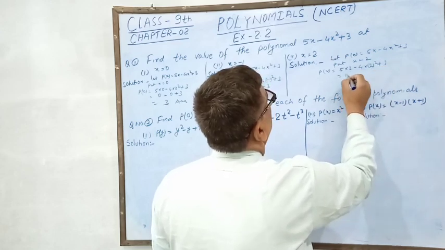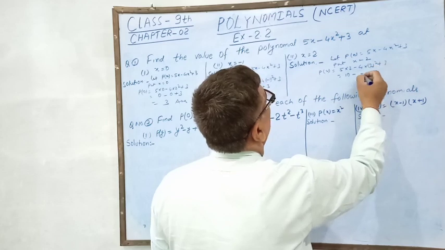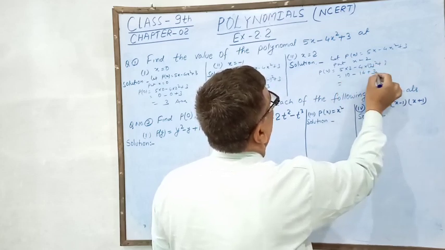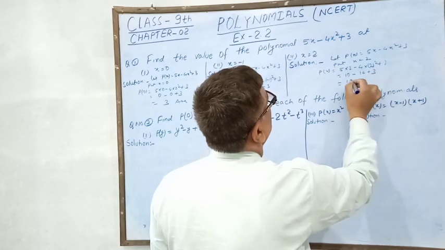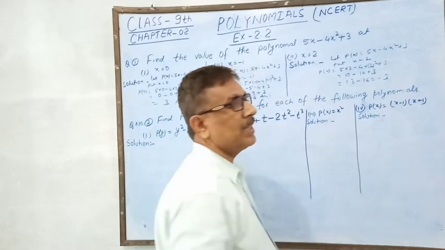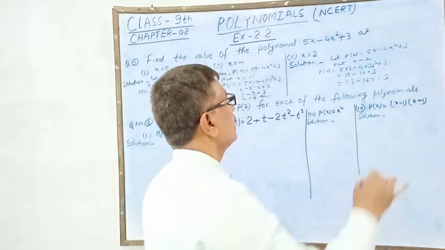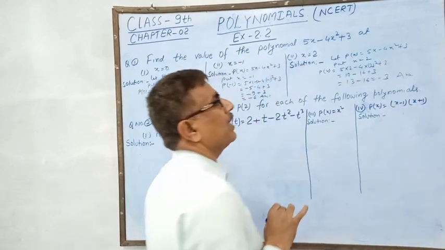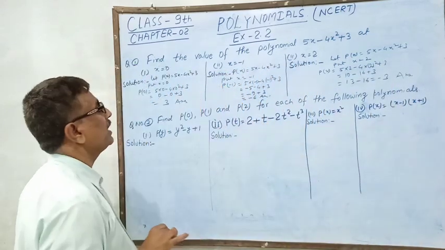Okay, 10 minus 2 square 4, 4 is 16 plus 3, and we get by the rule of integer 10 plus 3 13 minus 16, and absolutely this is minus 3. So here is the answer, and this part of the first question completed.